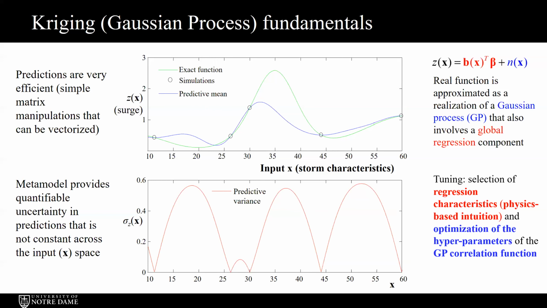Kriging is an interpolator and not a regressor, and then this variance becomes larger away from those points. It's an exceptionally fast surrogate model, and also gives us this quantification of uncertainty that's explicitly a function of the input and not a constant within the domain, something that we like in UQ applications for surrogate models.